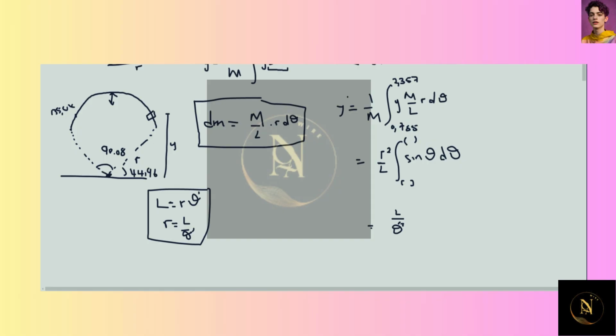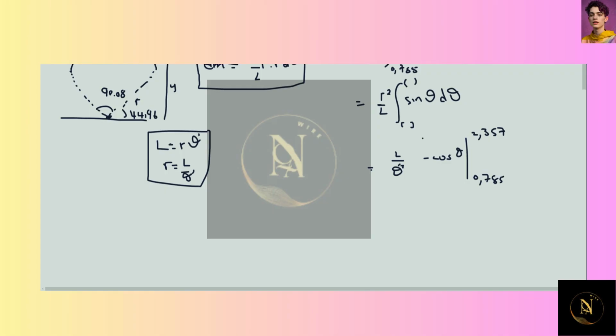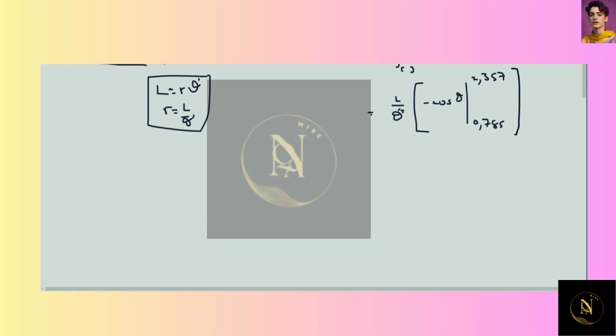Now we can just go ahead and compute this integral. So this is going to be a negative cosine of theta from 0.785 to 2.357, and all of that is being multiplied by this constant here.